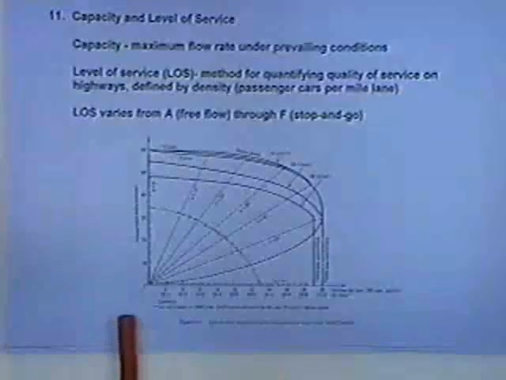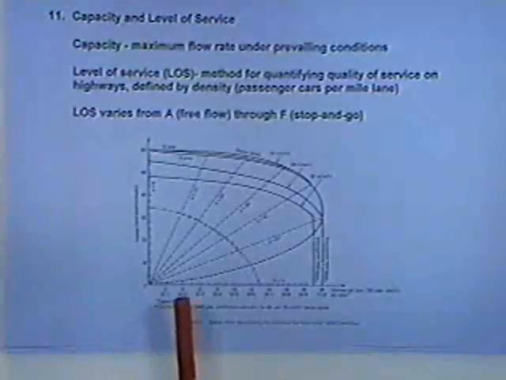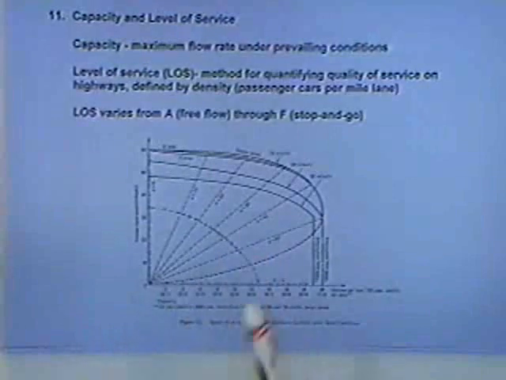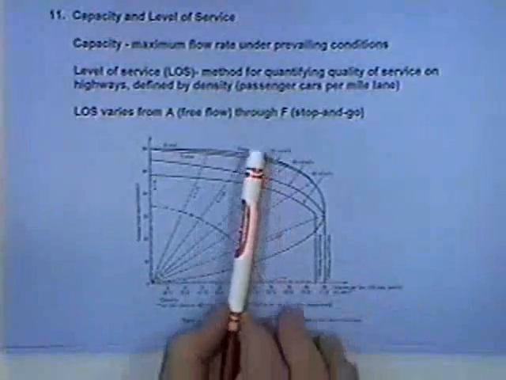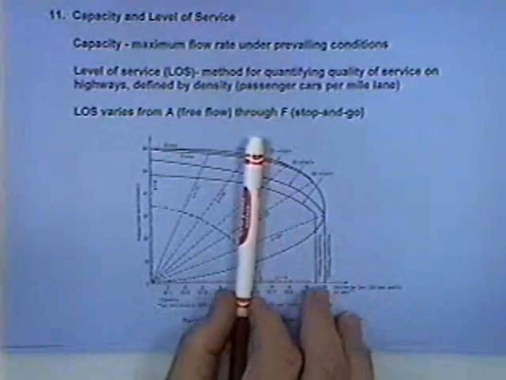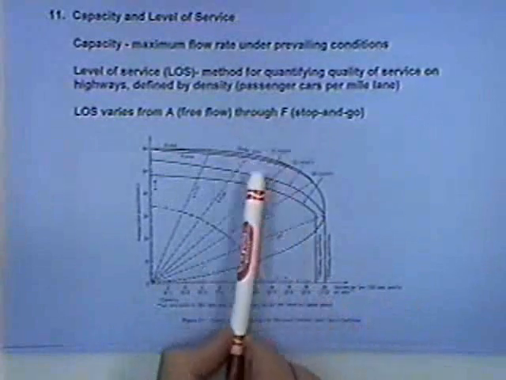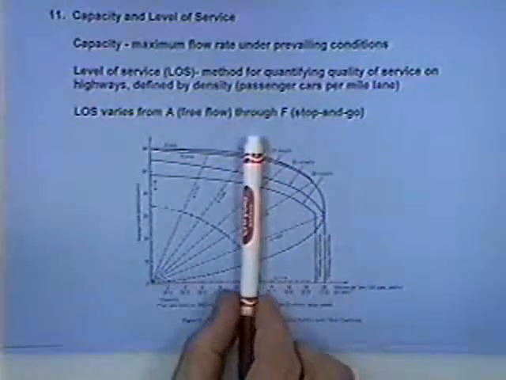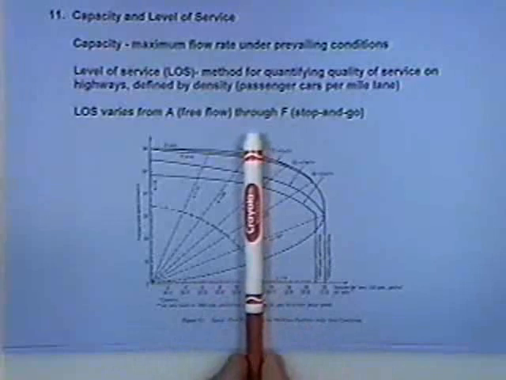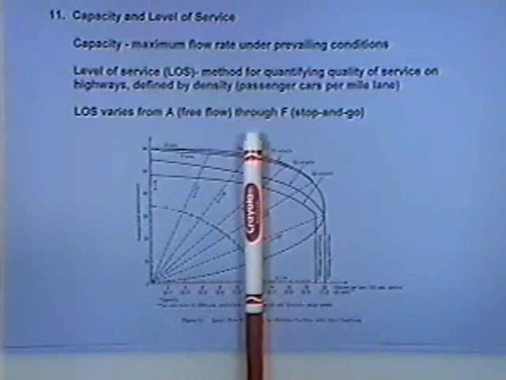So if you go back to that graph on the previous page, you'll notice that for, let's say, level of service B, we would come out to where level of service B ends, or that K equals 20 line, intersects whatever speed and number of lanes that we have, project that point vertically downward to where it intersects the horizontal axis, and we would read the maximum capacity for level of service B.